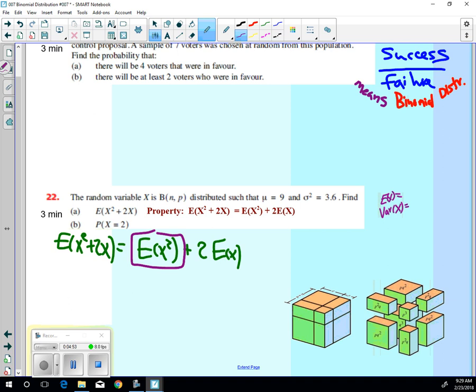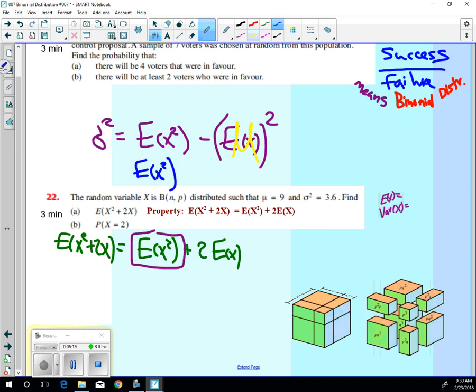Yep. That's what you're going to do. You're going to say the variance was E of X squared minus E of X quantity squared. Now, E of X is mu, right? So I can say that E of X squared is going to be the variance plus mu squared.